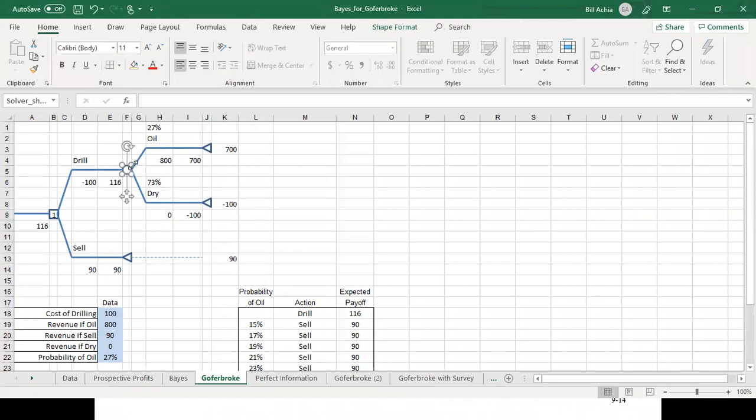And for a very basic example here, we have an outcome node, which represents the final outcome of a situation where we decide to drill and find oil. We have our payoffs over here. Okay, and this payoff is calculated on the basis of those probabilities that we have here and those anticipated revenue outcomes.